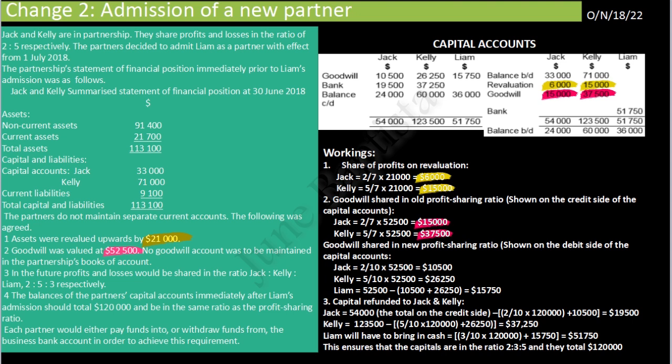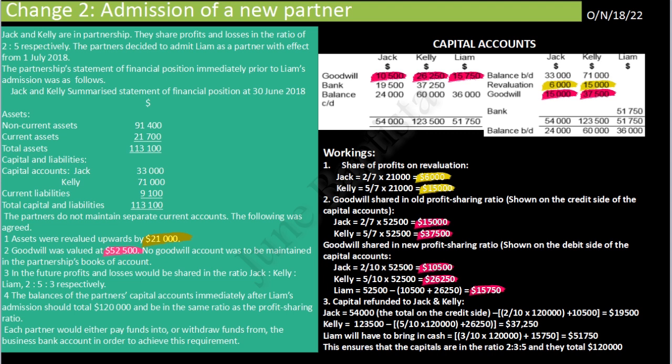This goodwill of $52,500 shared in the new profit-sharing ratio and shown on the debit side of the capital accounts will be Jack's share $10,500, Kelly's share $26,250, and Liam's share $15,750.